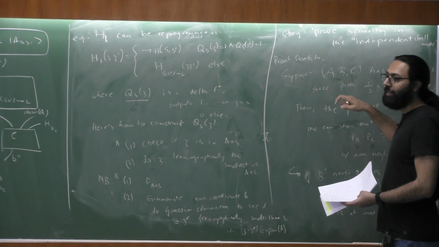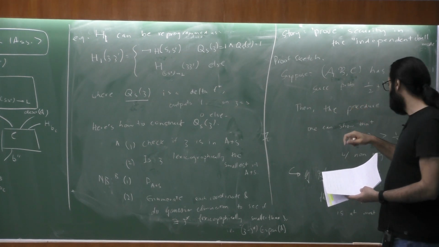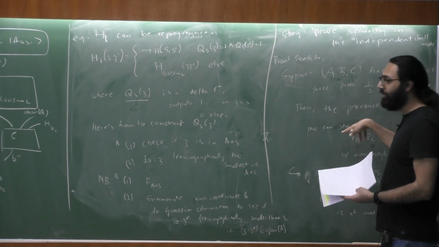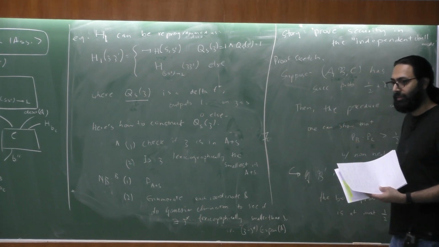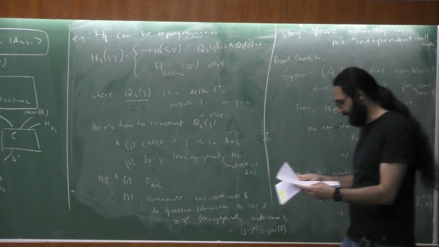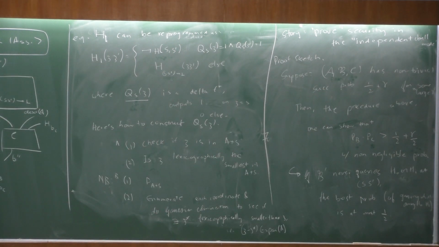And then we made some guarantees about the success probability of B prime and C prime. In particular, we argued that the product of the winning probabilities for B prime and C prime would still be, I can tell you the exact statement. The product of the winning probabilities, you can see it, right?